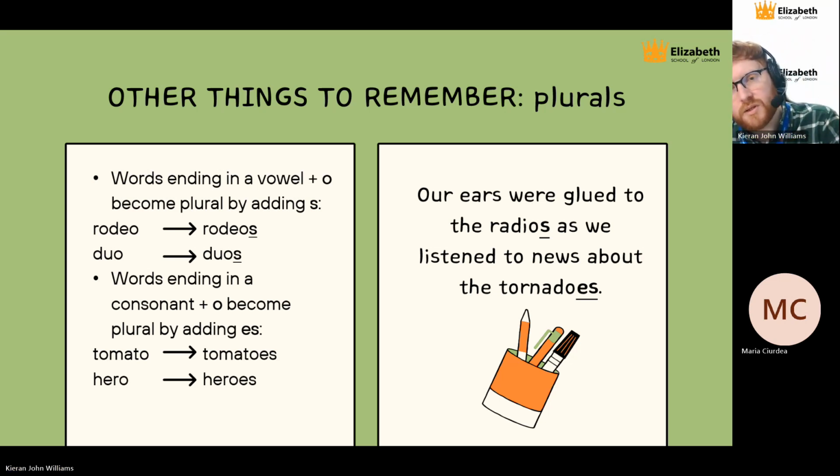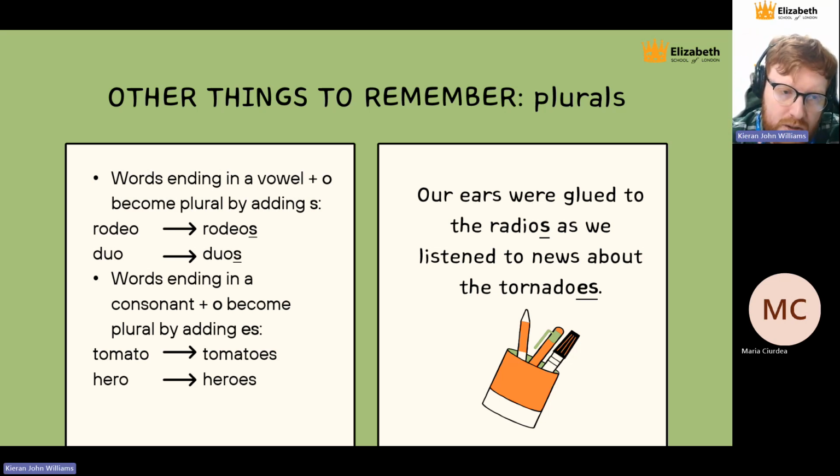But there is an opposite rule, because instead of it being a vowel then O, if it is a consonant and then O, we add ES instead. So tomato, the last two letters, we've got T, which is a consonant, and O, so we would make it O and then ES after.